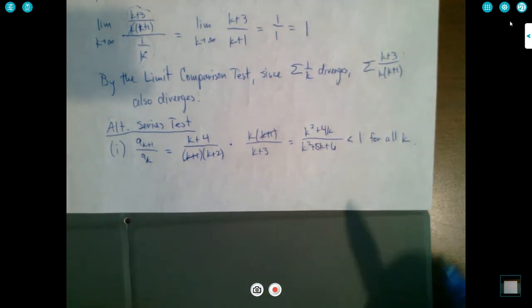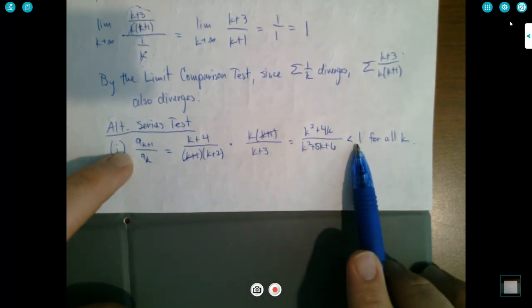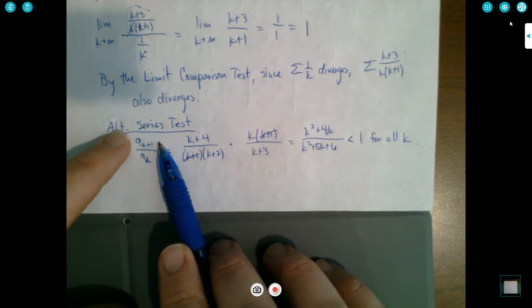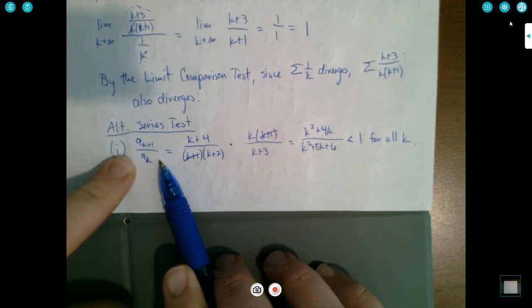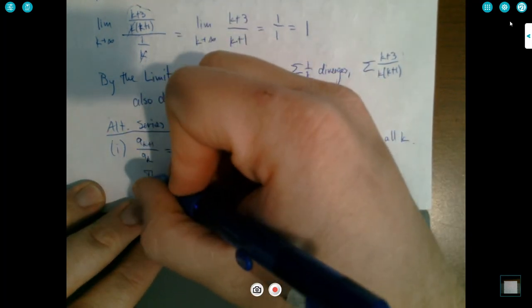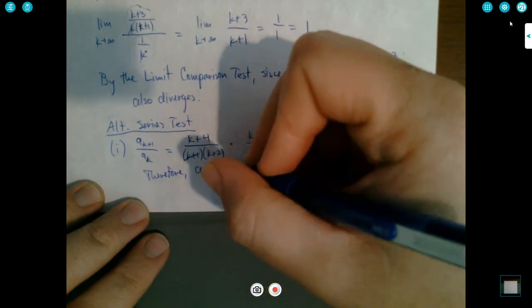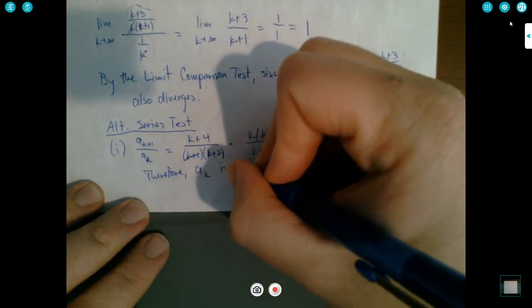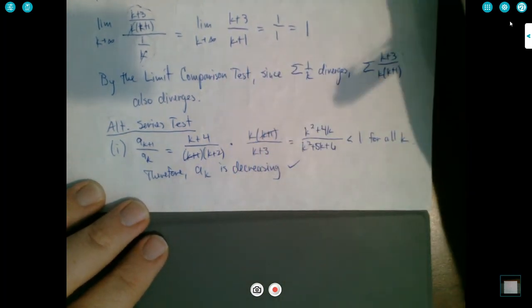All right? So since the ratio of consecutive terms is less than 1, that means a sub k plus 1 is smaller than a sub k. So the a sub k's are decreasing. So therefore, a_k is decreasing. Okay, so that first condition holds.